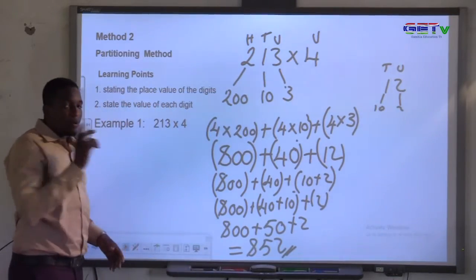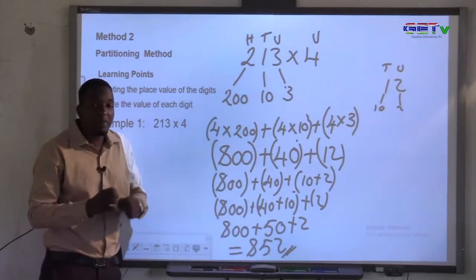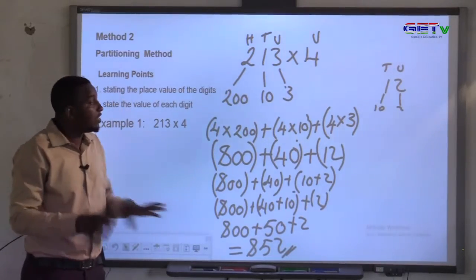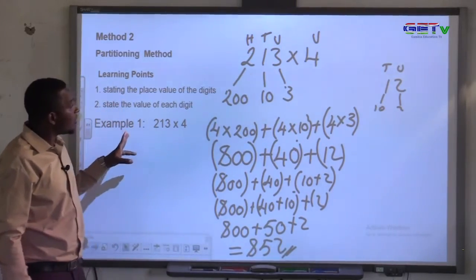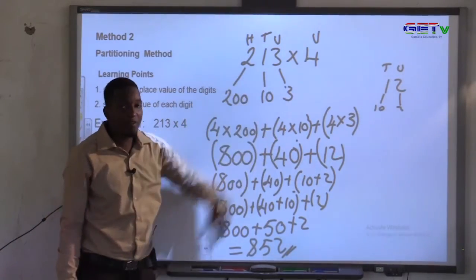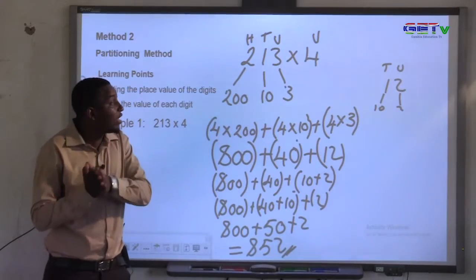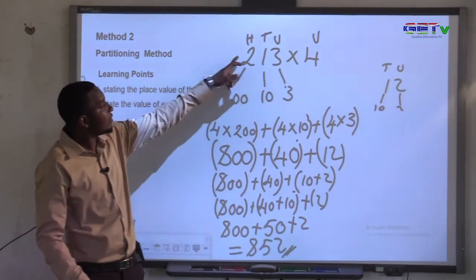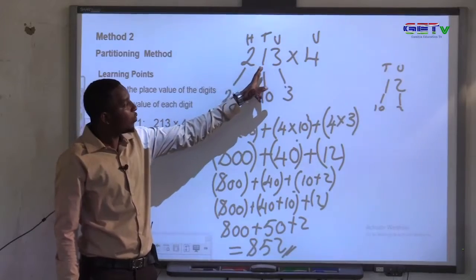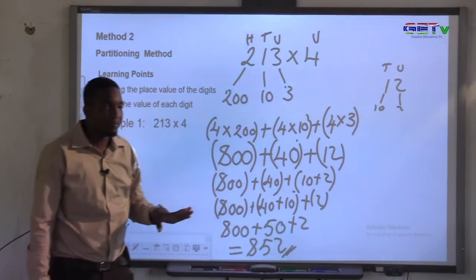Let's go over this one more time. We said in this method, we are going to make the best use of the place value and the values of the digits given. In this particular question, we are given 213 multiplied by 4. That is why we state the place value of 2, 1, and 3 as hundreds, tens, and units respectively.